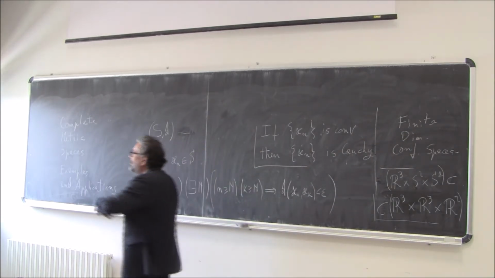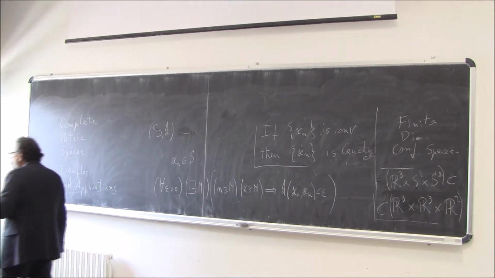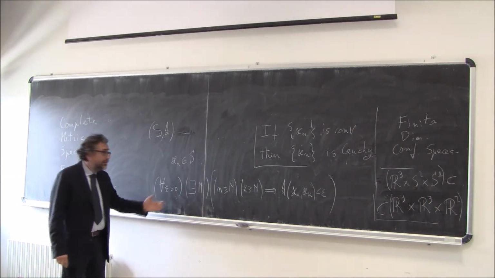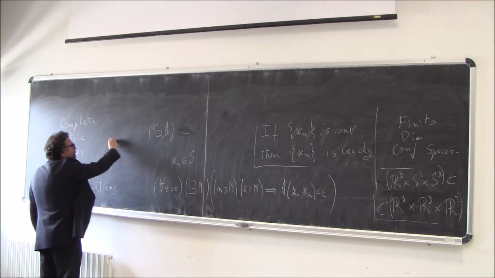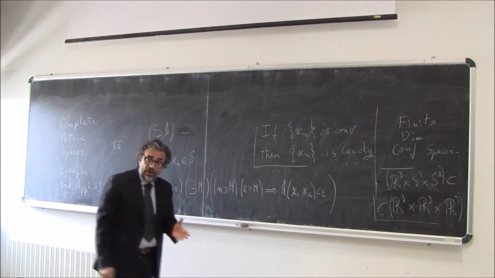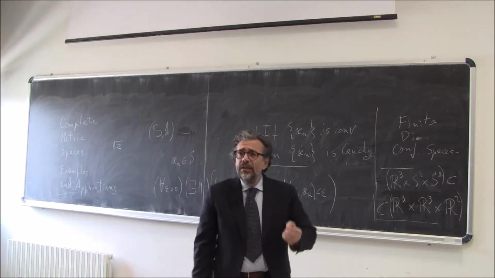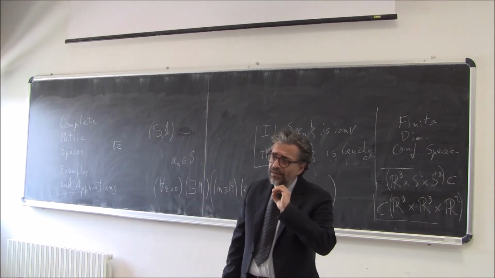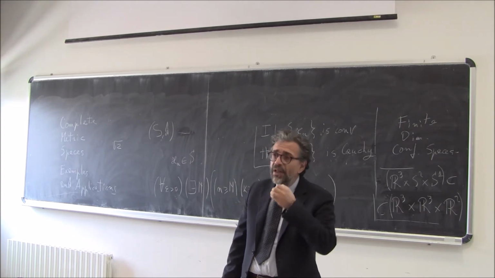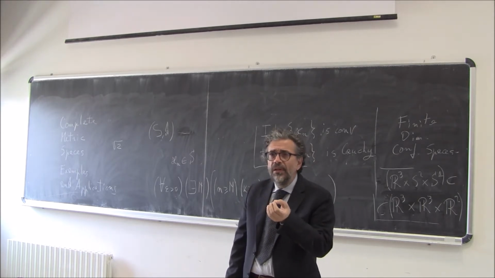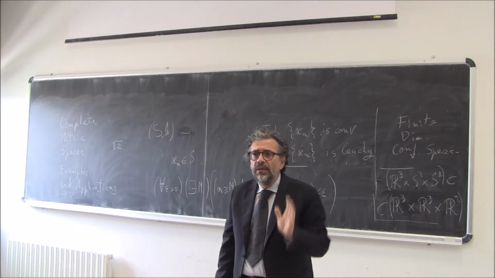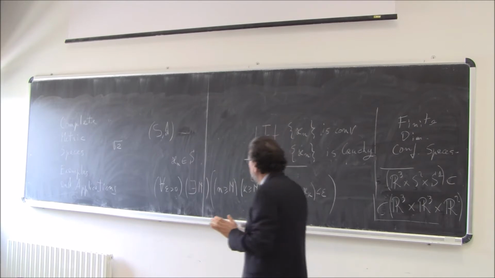So, a Cauchy sequence wants to converge, but the square root of 2 gives you an example of a sequence of rational numbers which is not converging. We did this discussion last time.